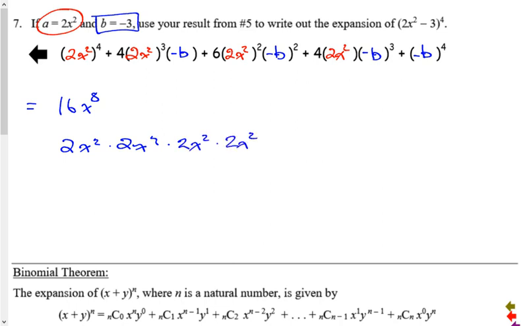So just to review those rules, I have a 2 times 2 times 2 times 2. That's 2 to the fourth, which is 16. And I have x squared times x squared times x squared times x squared. In total, I end up with 8 x's being multiplied together. So that's where that first term came from. Question?